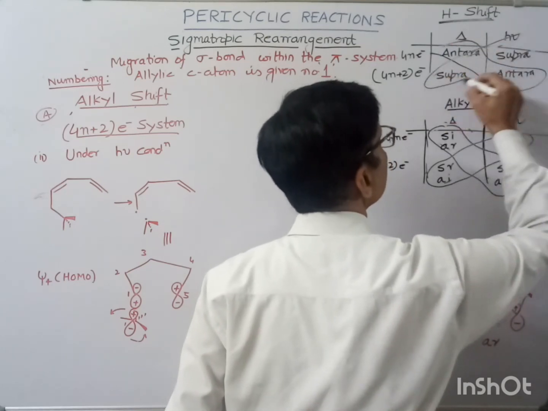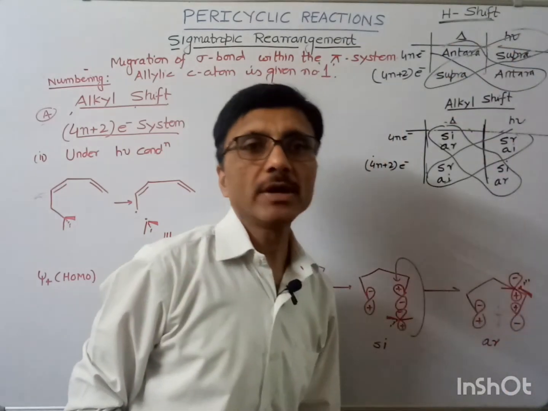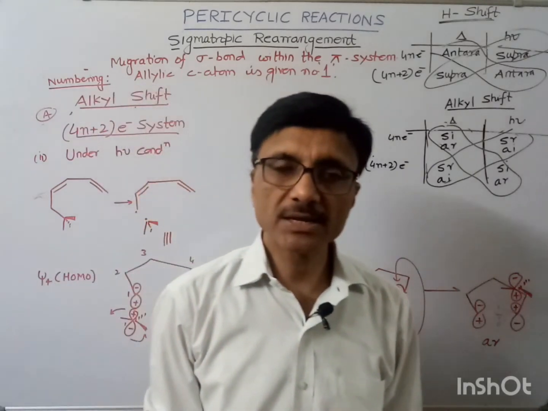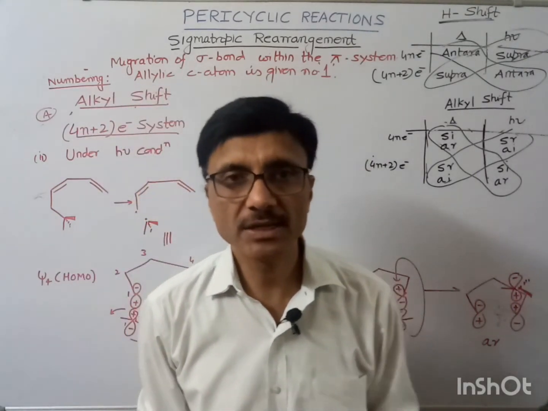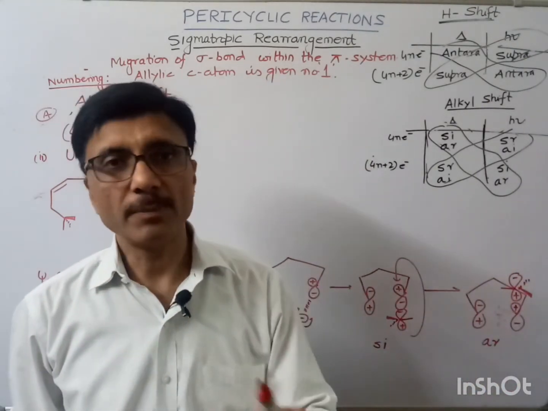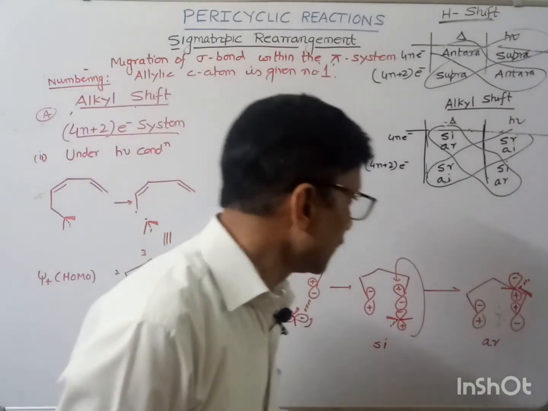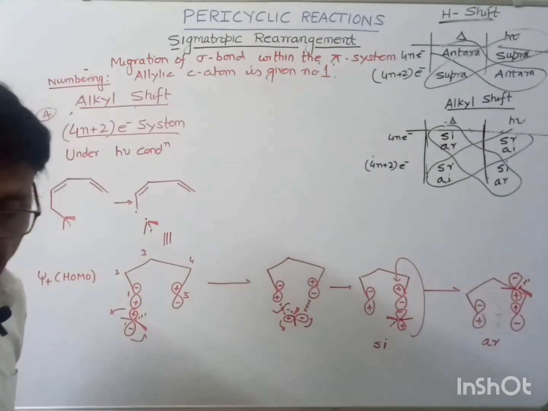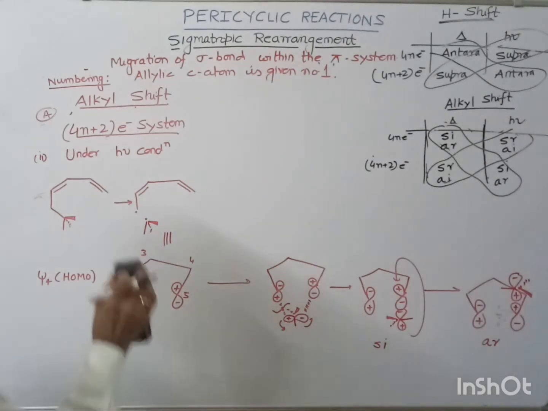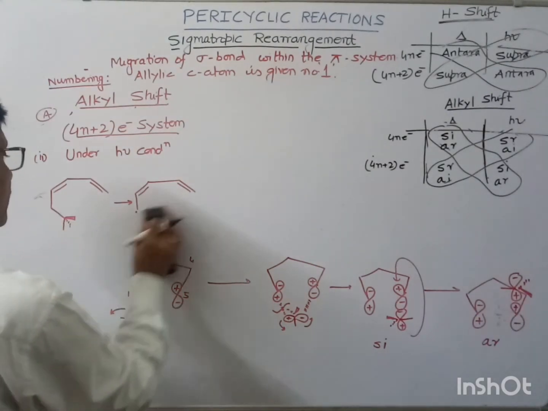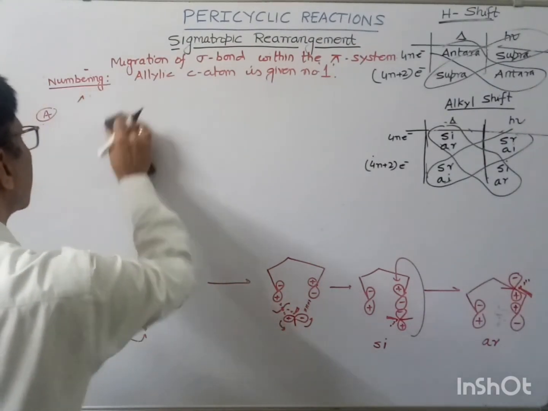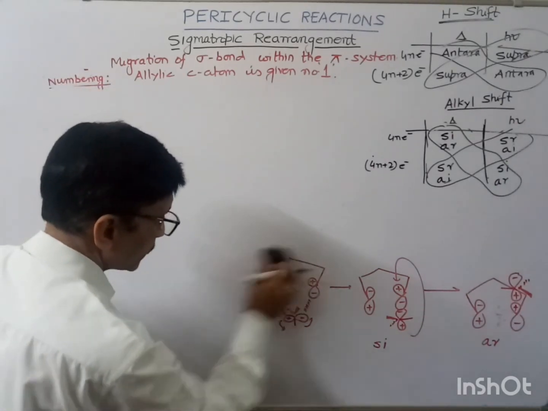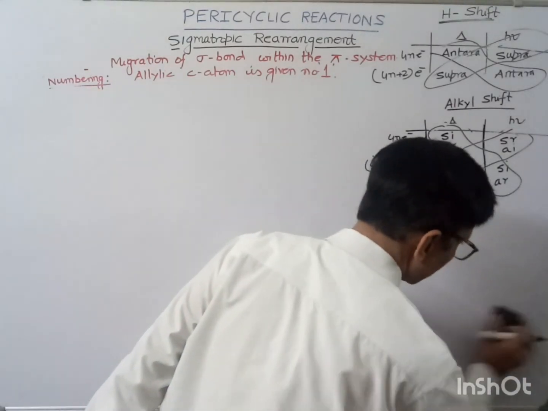Also in electrocyclic reactions and cycloaddition reactions, you have seen that diagonally the rules remain the same. So this is about the hydrogen shift and alkyl shift. We have proved it by taking the radical consideration.